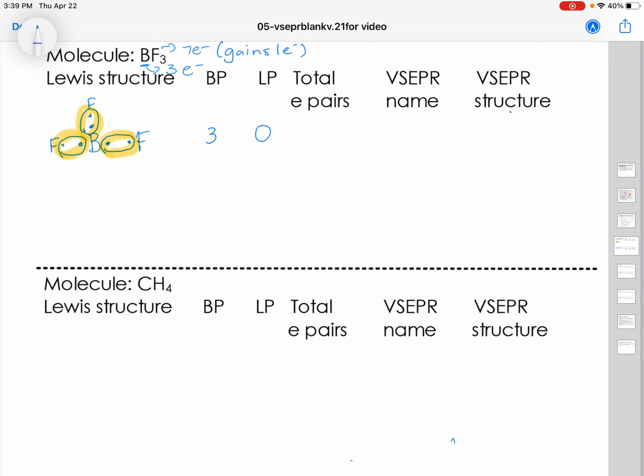No. So that is 3 plus 0 is 3. You have to use the VSEPR chart. I don't expect you to memorize this, although you might find that you start to see patterns, and especially the ones at the top of the chart are really common, and there's not a lot of variety. So maybe you will have them memorized, but that is not an expectation.